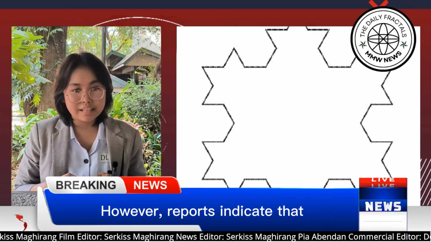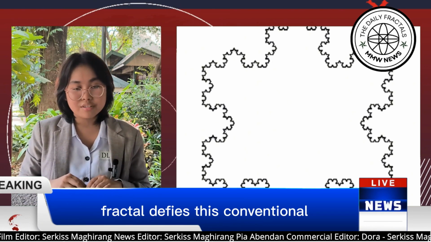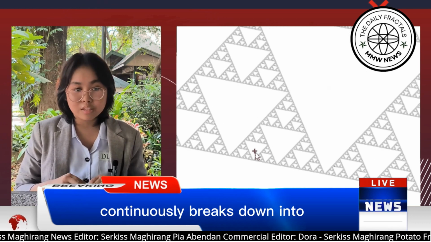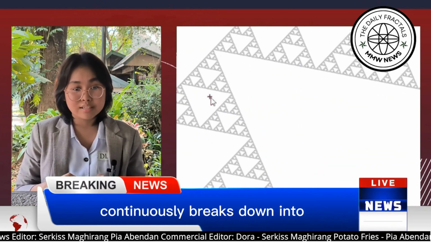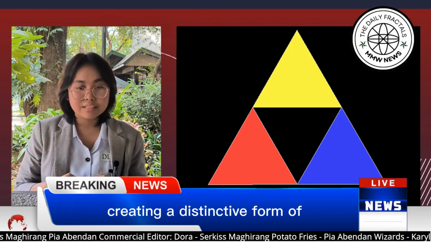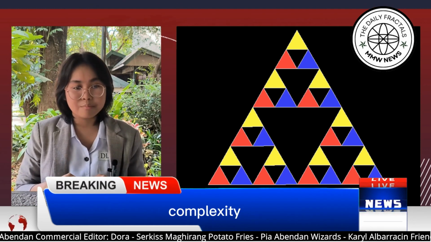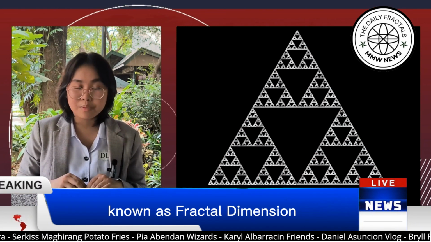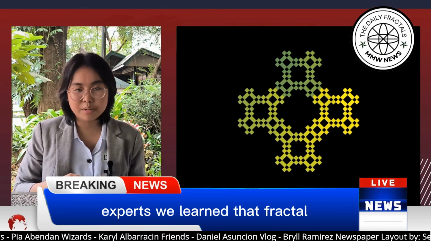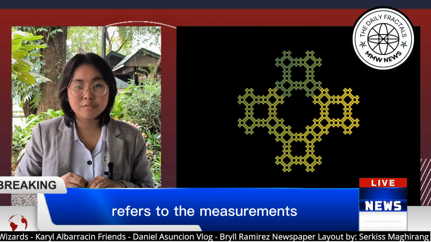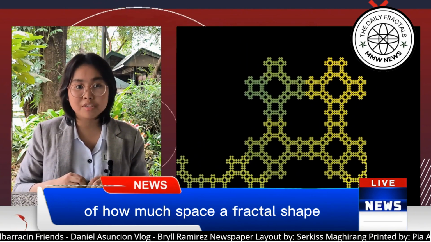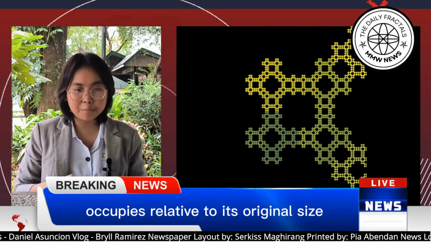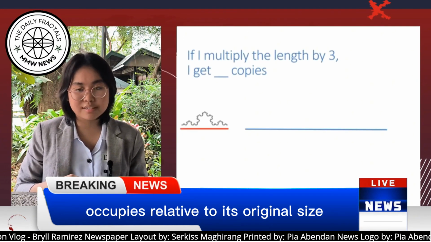However, reports indicate that fractals defy this conventional categorization because they continuously break down into smaller self-similar parts, creating a distinctive form of complexity. To capture this complexity, mathematicians use a concept known as fractal dimension. In an exclusive interview with experts, we learned that fractal dimension refers to the measurement of how much space a fractal shape occupies relative to its original size.